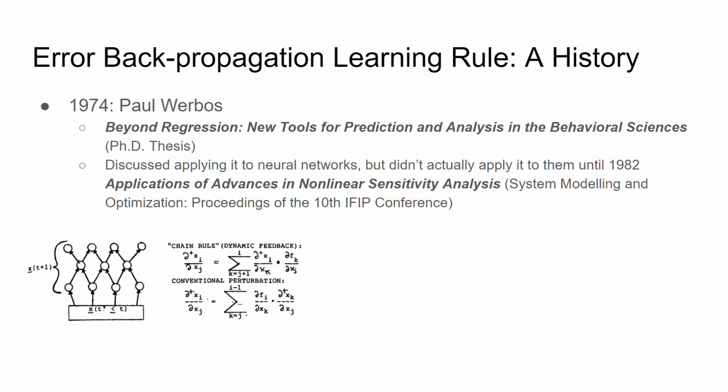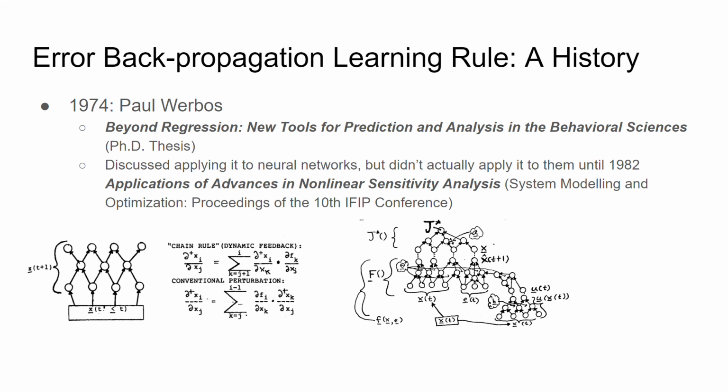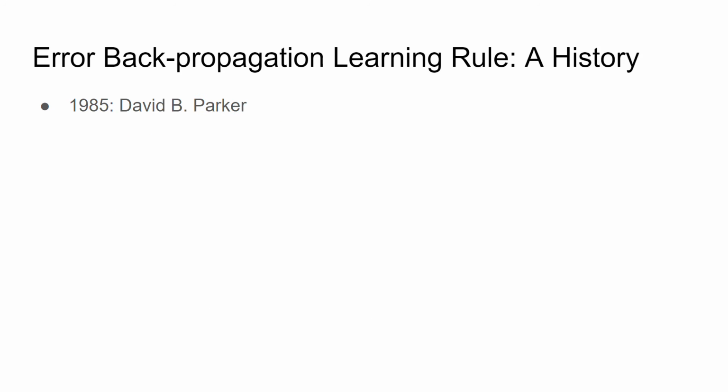The math ends up being the same math that we just talked about, and it applies it in lots of weird situations, and even explicitly compares this to brains. So this might be considered the first publication of this algorithm.